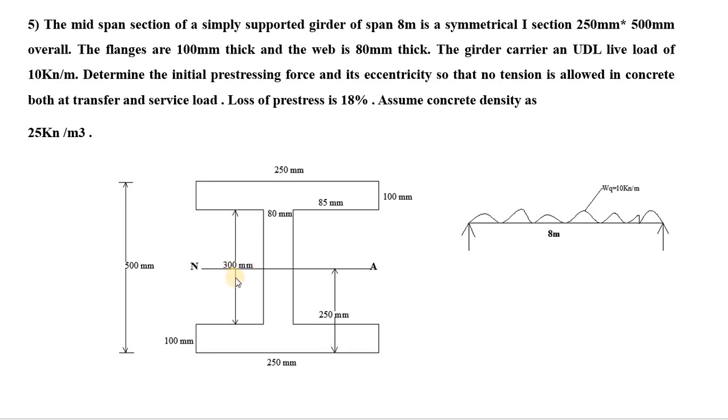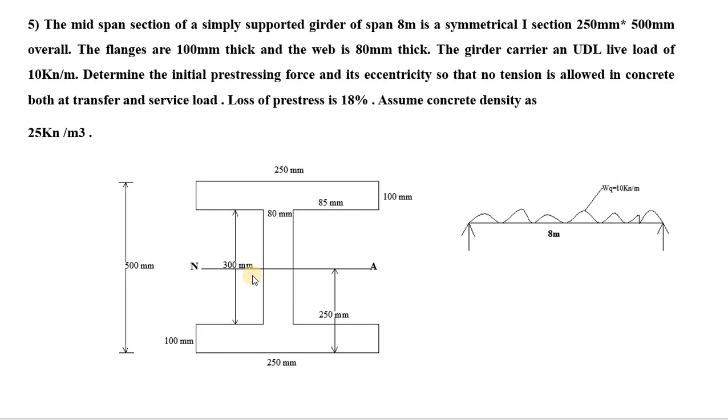But as I have written 300 here, they have not given this information. How did we get this? 300 is 500 minus 100, minus 100 again, as this flange thickness is 100 and the other flange thickness is 100. Put together it's 200. 500 minus 200, we will get 300 mm.